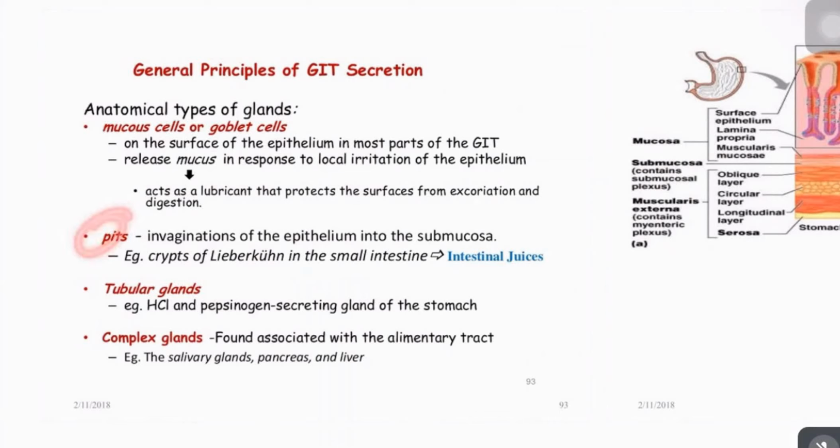Pits are invaginations of your epithelium into the submucosa, for example the crypts of Lieberkühn in the small intestine, which secrete intestinal juices. Tubular glands, for example the hydrochloric acid and pepsinogen secreting glands in the stomach. Complex glands are found associated with your alimentary tract, for example your salivary glands, pancreas, and liver.